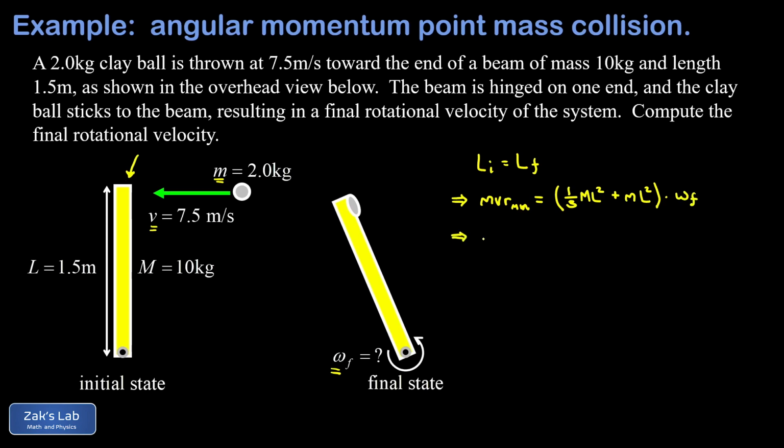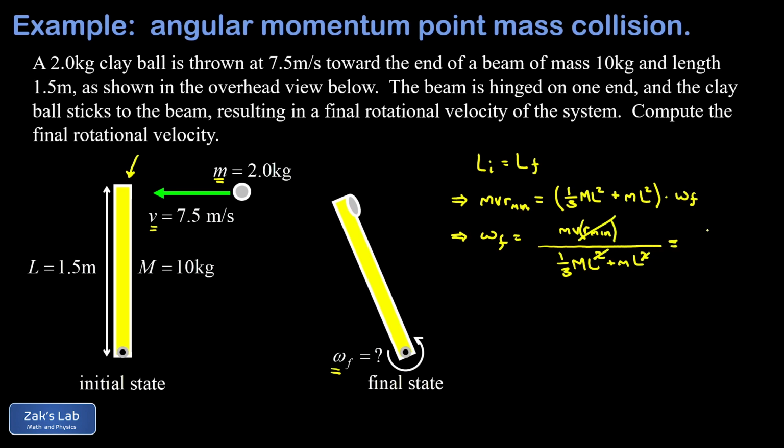So we can go ahead and just solve for omega symbolically real quick. So that's mv times r min over 1/3 big M L squared plus little m L squared. And we have a couple things to clean up here. First off, r min, that's the point of closest approach to the rotation axis, is the same thing as L. So I can go ahead and cancel one factor of L out of this.